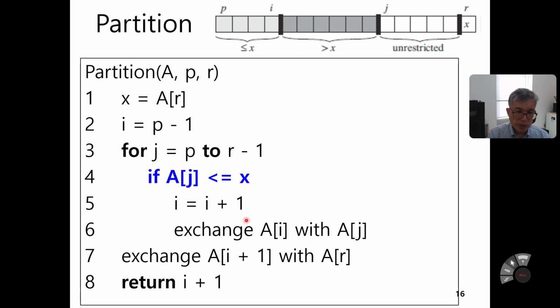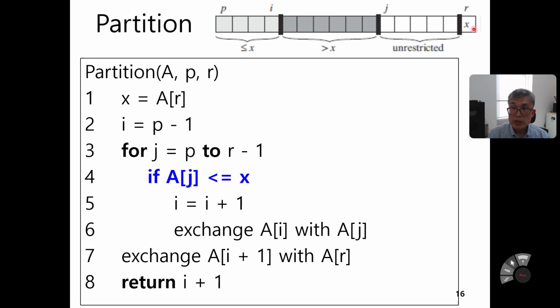So we iterate, and then we have the first part, whose values are less than or equal to x, and the second part, whose elements are greater than x. Okay, and then the pivot location is I plus 1. So this one is I plus 1, and this one is switched.